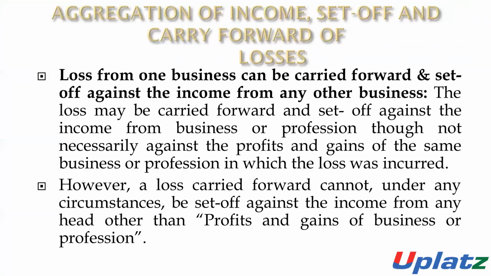It will not be adjusted with any other head. So a loss which is carried forward cannot, under any circumstances, be set off against the income from any head other than profit and gain of business or profession.